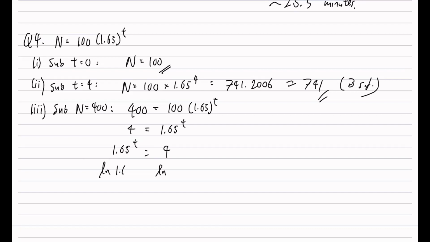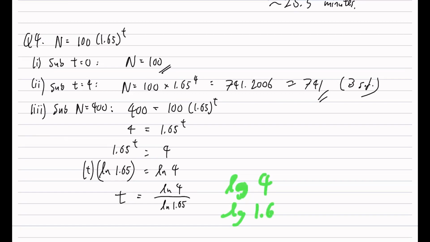Then we get t ln 1.65 equals ln 4, as the t can bring down in front. Solving for t, we get ln 4 over ln 1.65. Of course, by change of base, this is the same as lg 4 over lg 1.65.